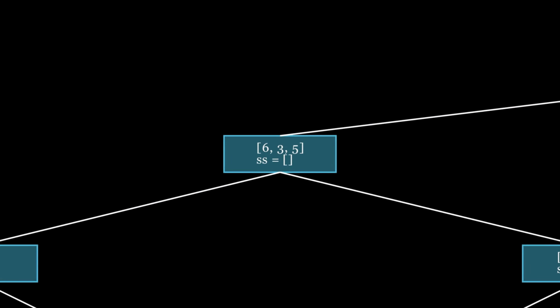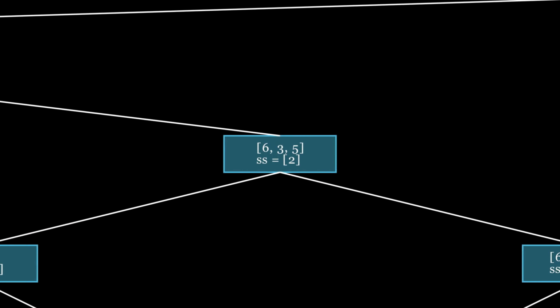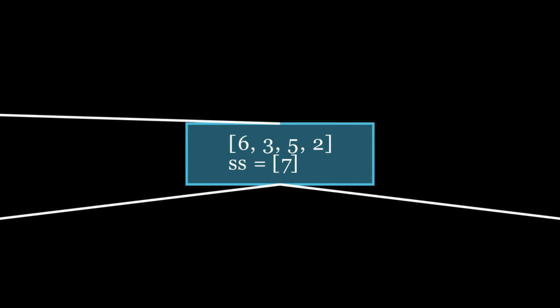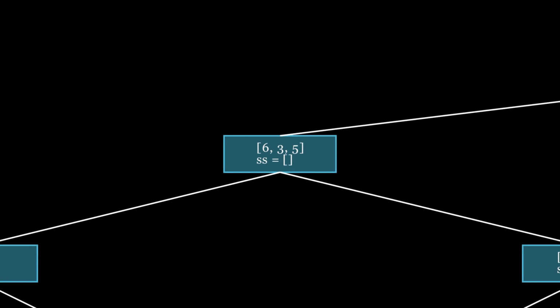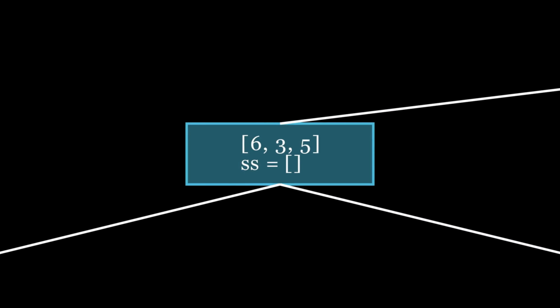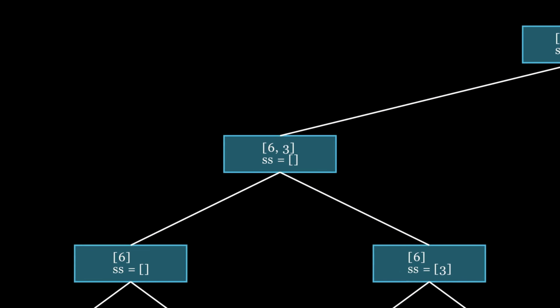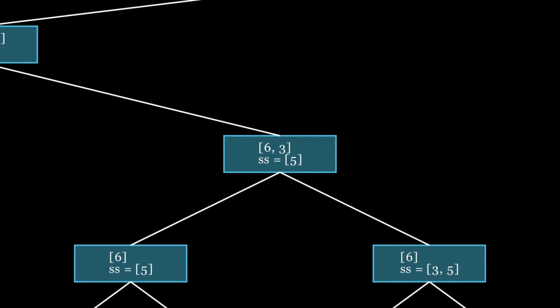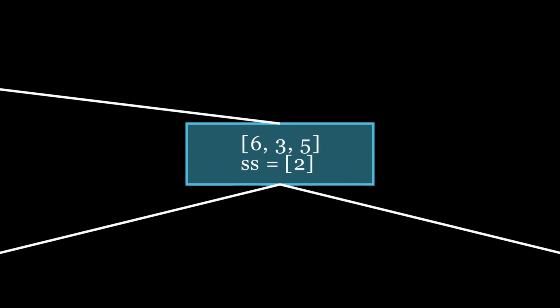In the second level, we choose to include or not include 2, the second to last number in the given sequence. In the third level, we choose to include or not include 5, the third to last number in the given sequence. We continue doing this process to generate all of the possible subsequences.